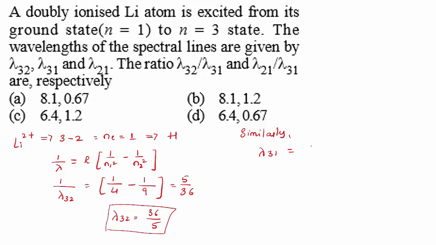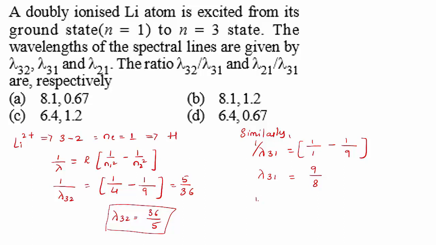Lambda 3 1 means I can write Rydberg constant, leave it, 1 by n1 square minus 1 by n2 square. So I can write 1 by n1 square will be 1 square, 1 minus 1 divided by 3 square will be 9. Calculate this value, we will get lambda 3 1 is equal to 9 by 8.